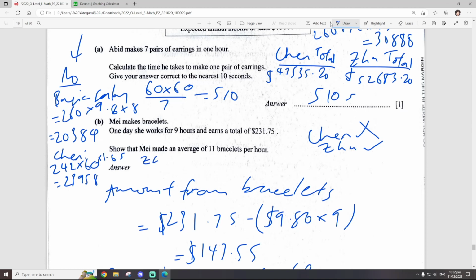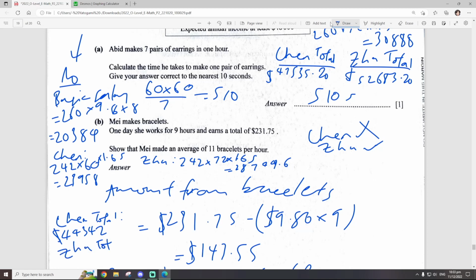And for Su it is this thing again, but times 72. You will get 28749.6. So Chen total in this case is 44342 dollars exactly.